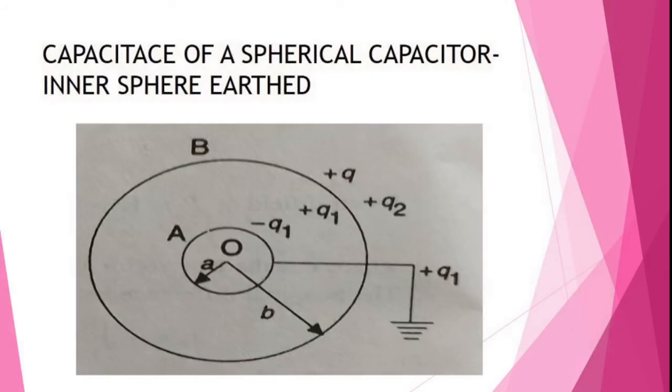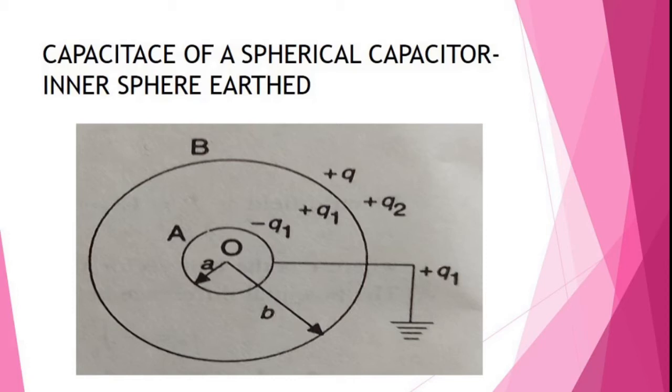Now we are again considering the capacitance of the spherical capacitor, but the inner sphere is earthed. Again you can see two concentric metal spheres A and B of radius small a and small b respectively.